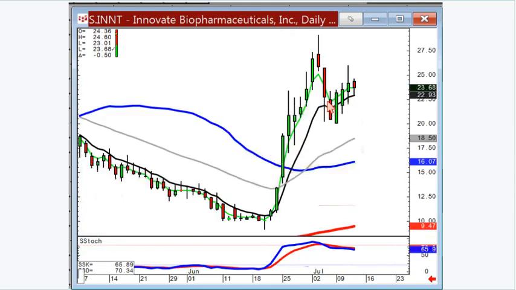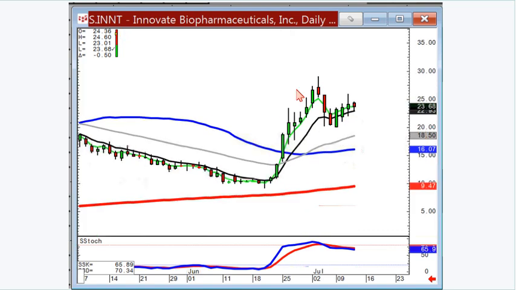Somebody wanted to see INNT. We're long right now for 2 reasons. One, because we can see the J-hook pattern setting up, even though it's a relatively thinly traded stock, it only trades like 140,000 shares a day. But we can see the pattern setting up. Now, sometimes a pattern isn't going to be relevant if this move here is a 3% move and this is a 3% move.